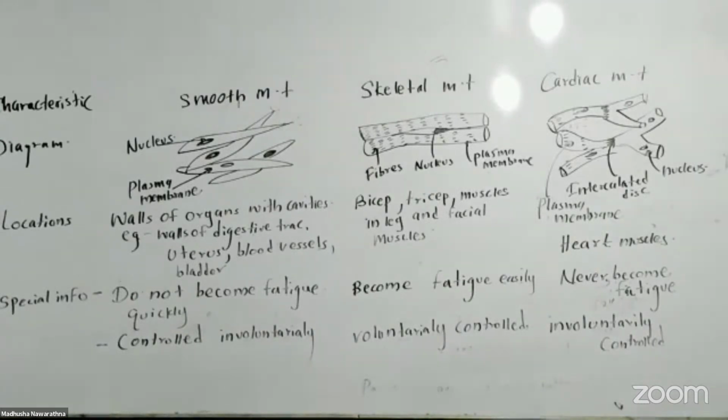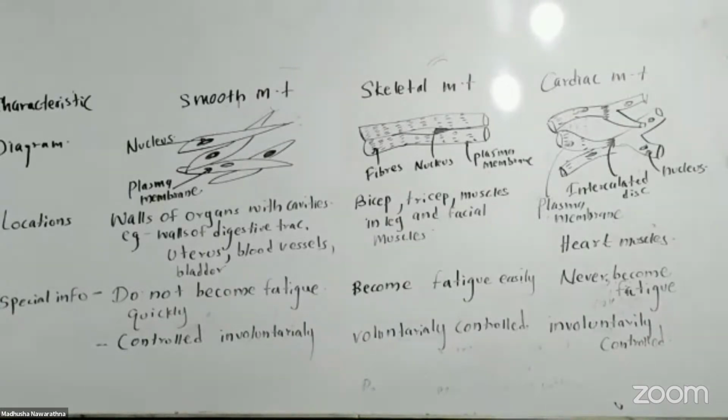This is the most important part. Special information about smooth muscle tissues: they do not become fatigued quickly, meaning they don't get tired easily, and they are controlled involuntarily. We don't control them by thinking. Then what about skeletal muscles?